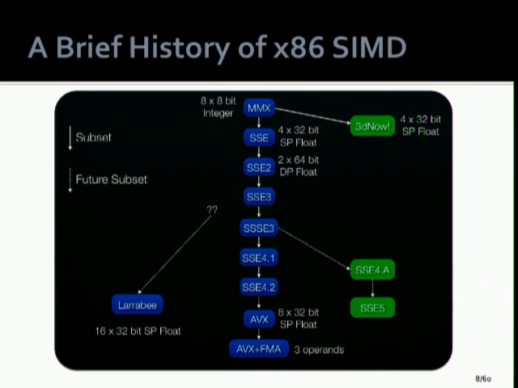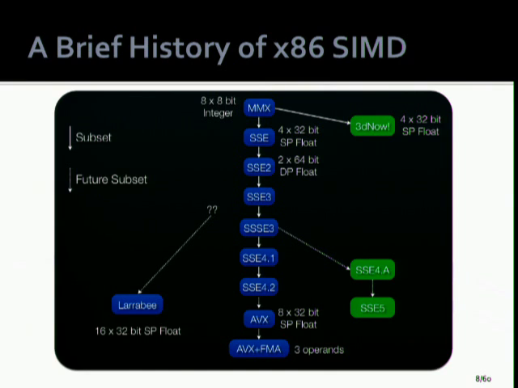Then it went to SSE3, and then supplemental SSE3, which is a mouthful to pronounce. AMD went off again with SSE4a. And AMD is coming out with SSE5 this year, or at least that was the plan at one point. I'm not sure if they're still doing that.